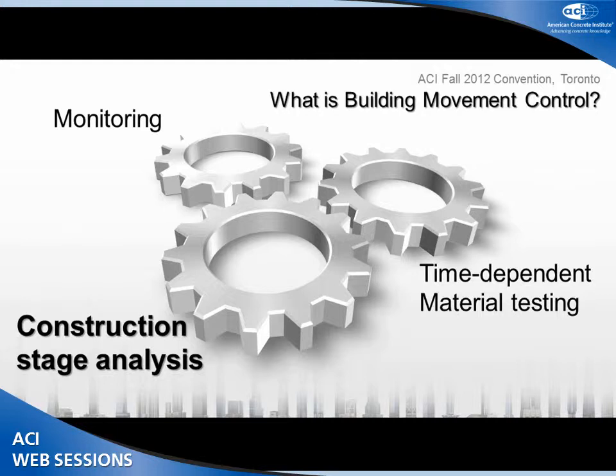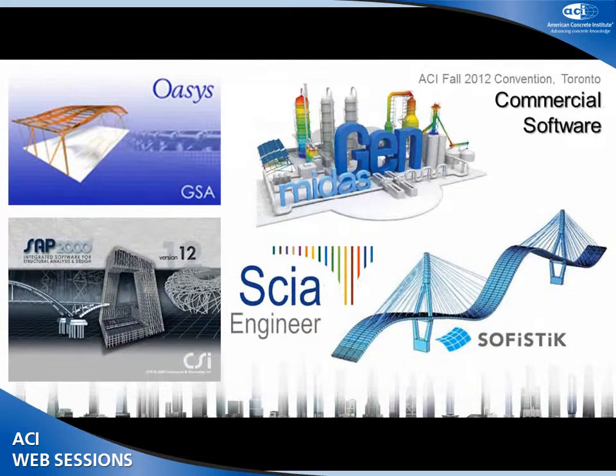The construction stage analysis occupies the essential position of the building movement prediction, and it can simulate sequential real-world load application, creep and shrinkage effects of concrete, cumulative displacement, deformation and member forces, and effect of temporary supports. However, the analysis itself is not enough and should be complemented by material testing, field measurement, and survey.